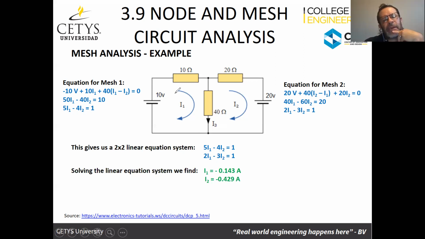And so what does this mean? Originally I said that I1 was going like this, that it was going clockwise. And I said that I2 was also going clockwise, okay? The reality is that that negative sign means that they're not going clockwise, they're actually going counterclockwise.